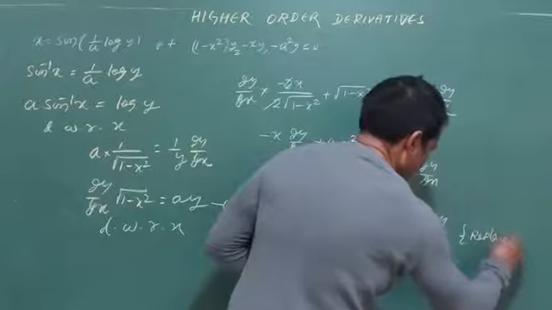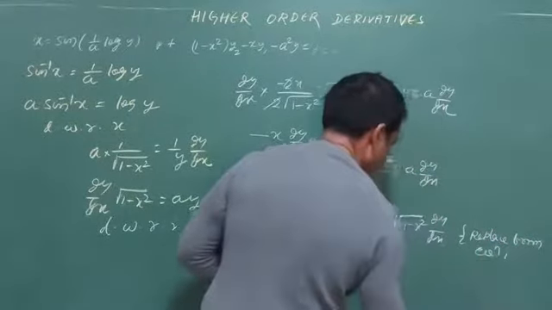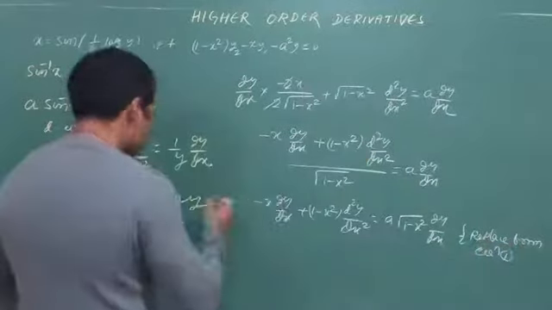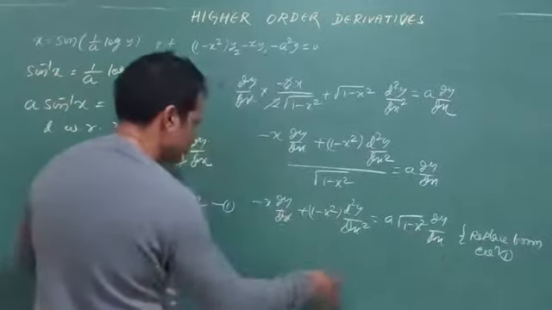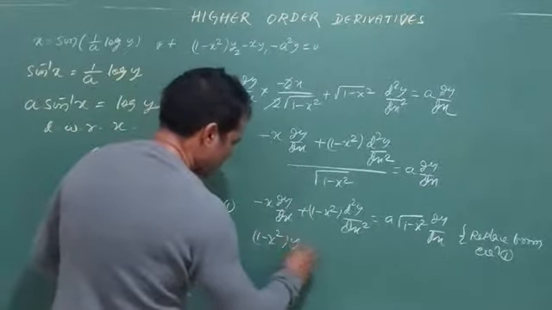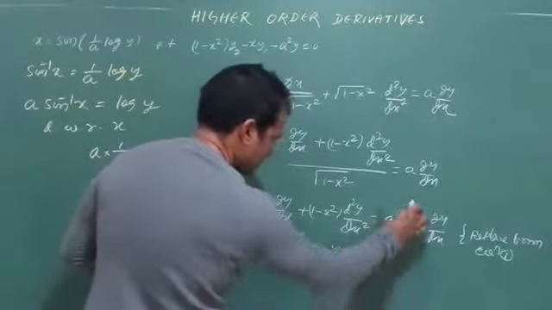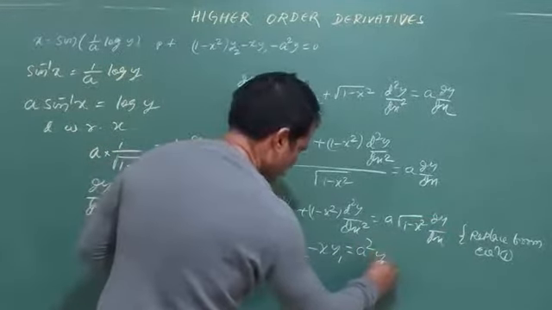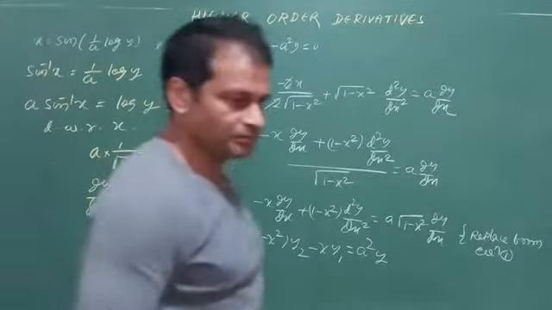Replace from equation 1. Replace this value, dy by dx under root 1 minus x square, by ay. So replace it: 1 minus x square y2 minus x y1 is equal to a into ay. a square y, take it to this side, you see the proof. Okay.